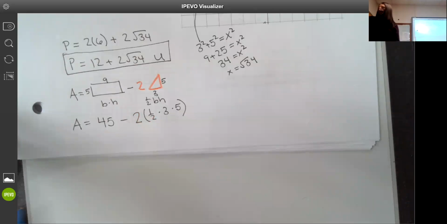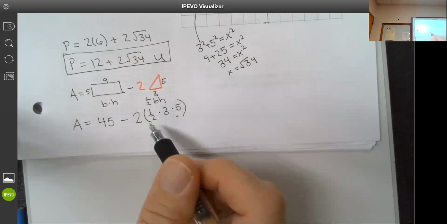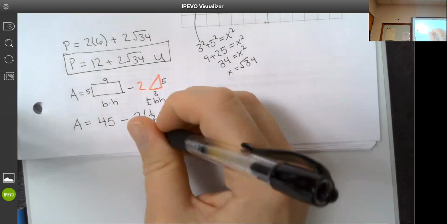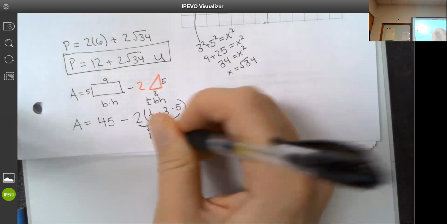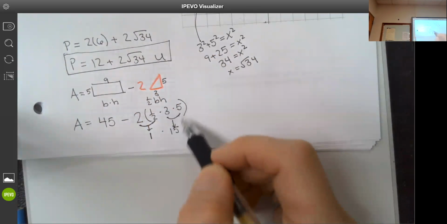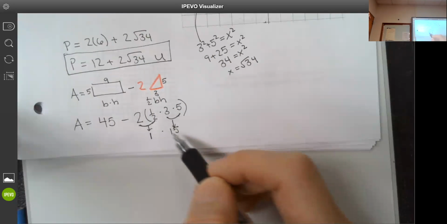Okay, so when I'm multiplying numbers, you're going to end up in the same spot, no matter what order you go in. So if half of it is a decimal or 0.5, then well, 2 times 1/2 is 1, 3 times 5 is 15. Okay, so I can multiply those in any order. The other thing you could have done is 3 times 5 is 15, half of that is 7.5. And when you double it, you get back to 15.